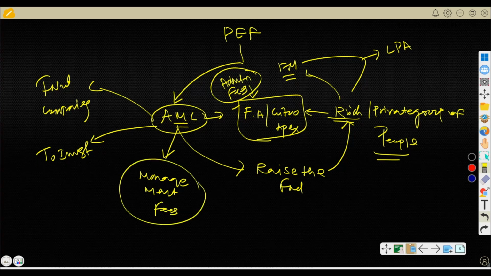So the AMC charges management fees. Now your question would be, sir, have we seen cases where the AMC and fund admin were the same? Yes, there are companies. Take the example of investment banks. If I take the example of BNY, it has its own separate unit, an Asset Management Company, and they are managing their funds on their own, and that's why they hire for fund accounting roles.